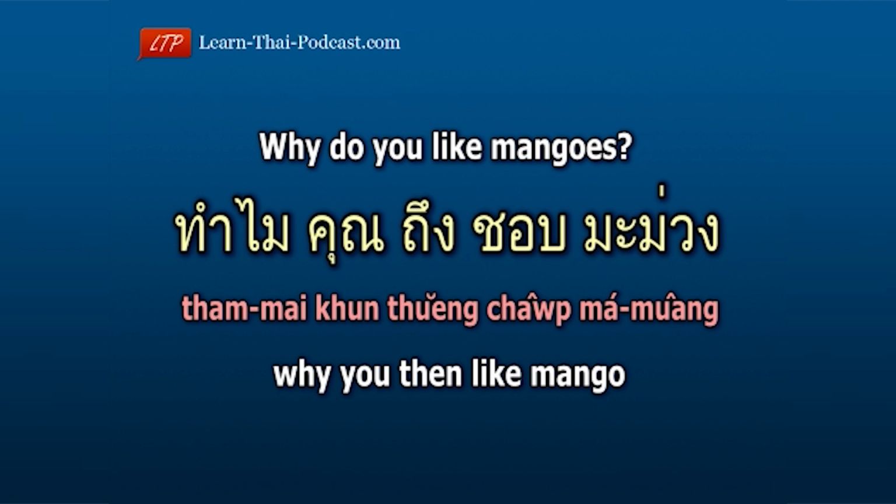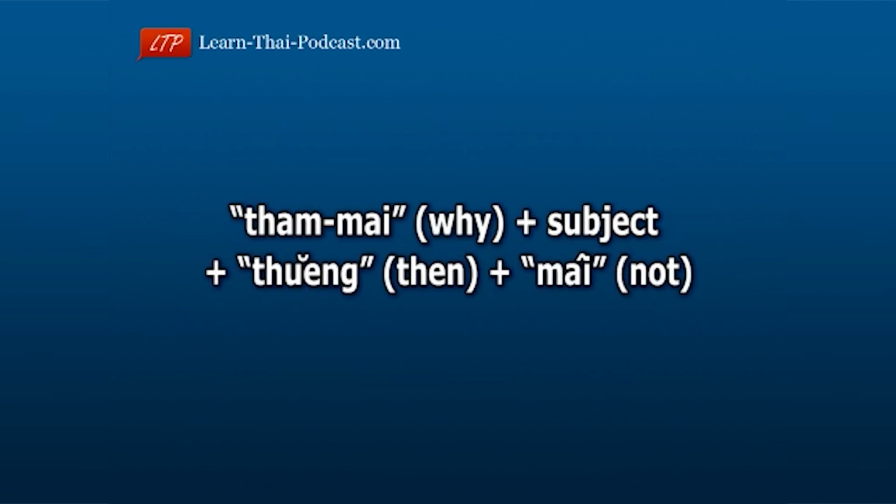You can form a negative question with the phrase ทำไมถึง as well. The sentence structure is ทำไม, which means why, plus the subject plus ถึง, which means then, plus ไม่, which means not. Here's an example.